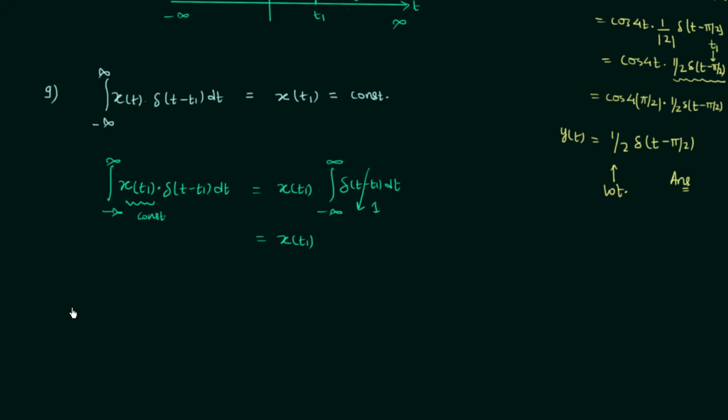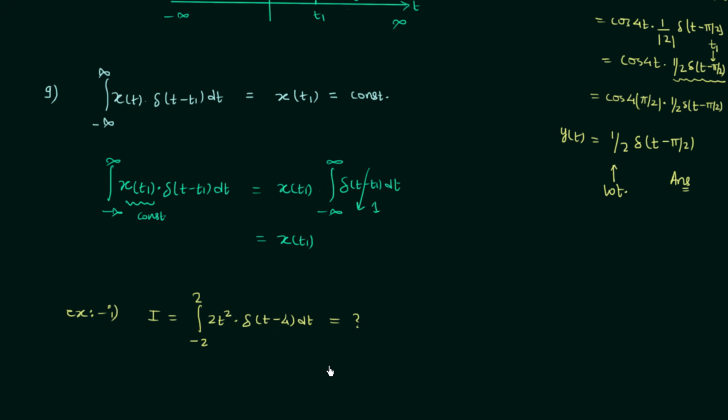In the first example, the integration is given, and it is the integration of 2t square multiplied by delta(t minus 4) dt, and the range of integration is from minus 2 to 2. Now you need to tell me the value of this integration.